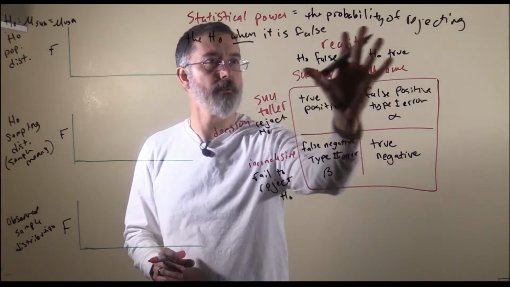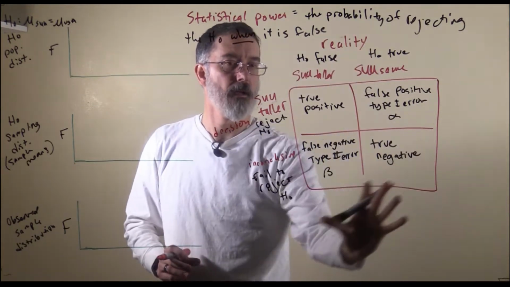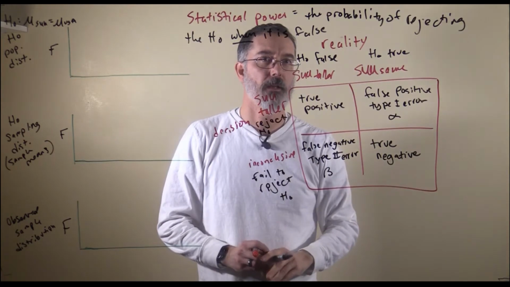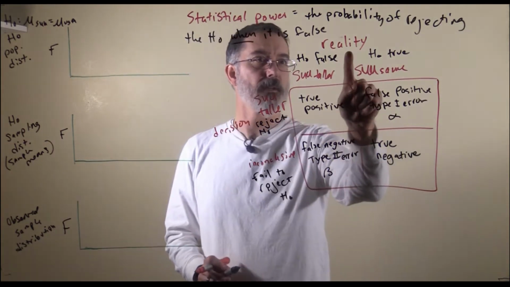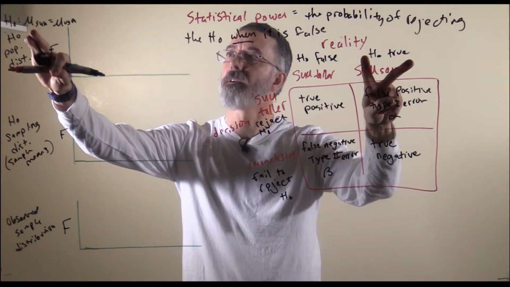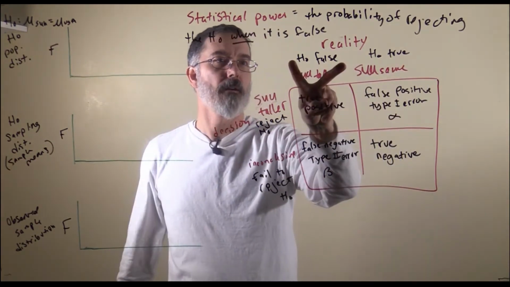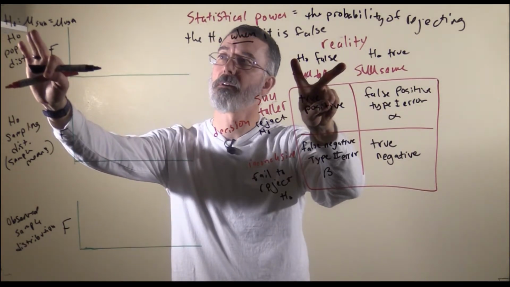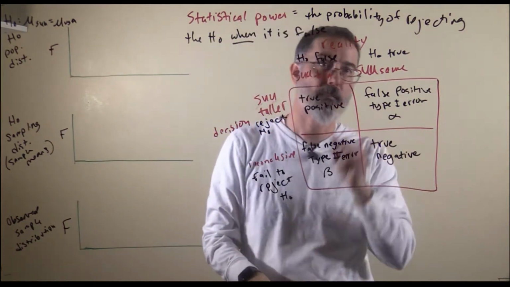So I drew the table here of decision errors. And just as a reminder, right here is reality. So either the null hypothesis can be true, in which case SEU men are just as tall as American men, or the null hypothesis can be false. So for example, SEU students can be taller than American men.